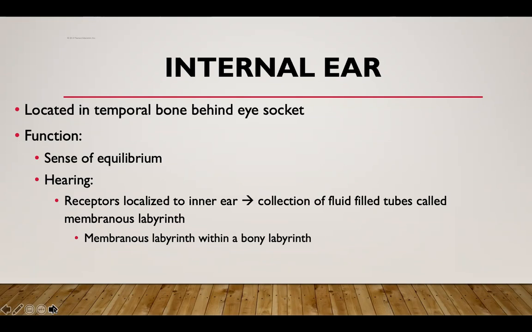You also have another function associated with your internal ear called the sense of equilibrium or balance, what we identified as the vestibular sense from our nervous system lecture. So let's take a look at how these are created in our body.